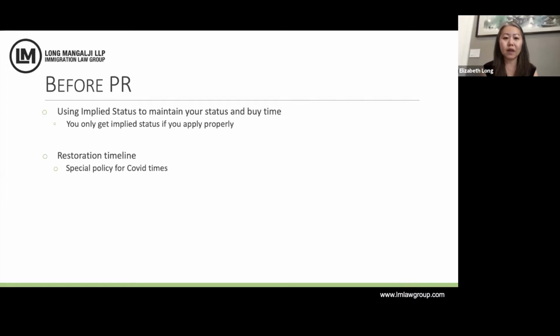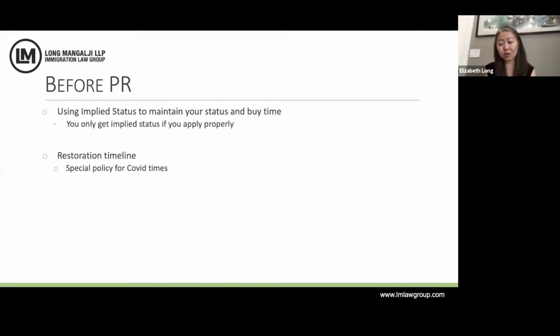And if you don't have status, you won't have the ability to study until you get your status back. So normally, I have 90 days to file a restoration of status after I lose my status.